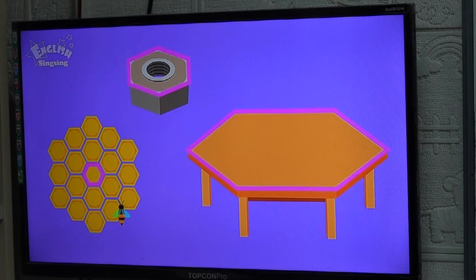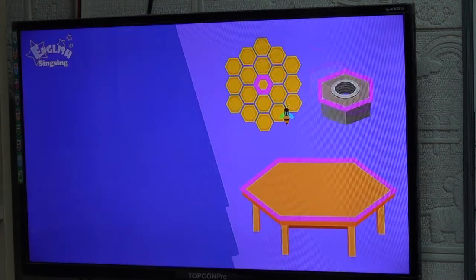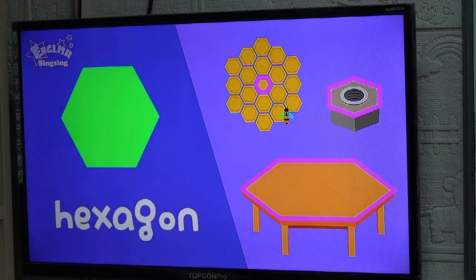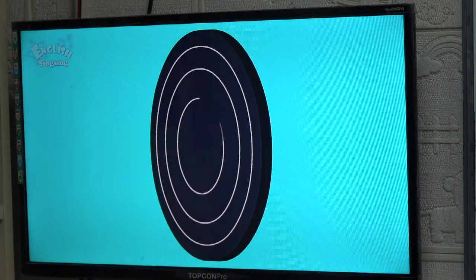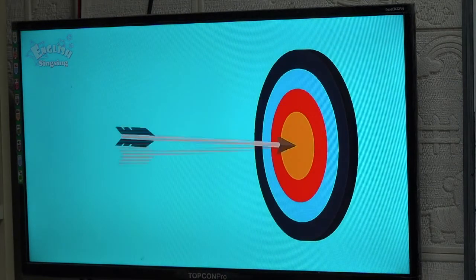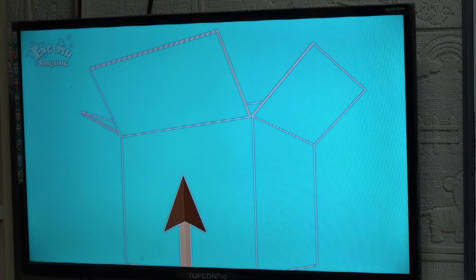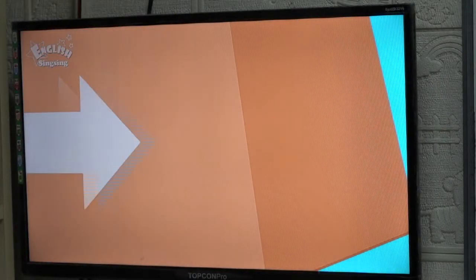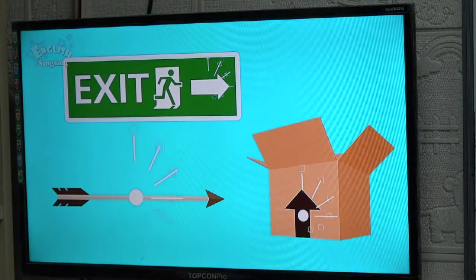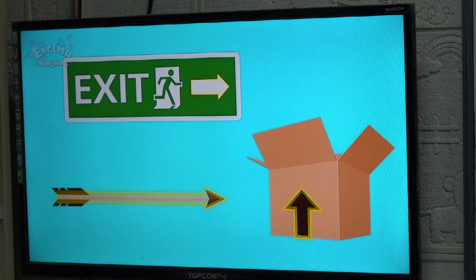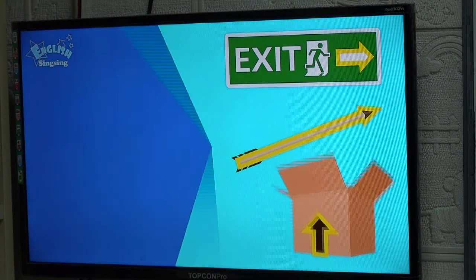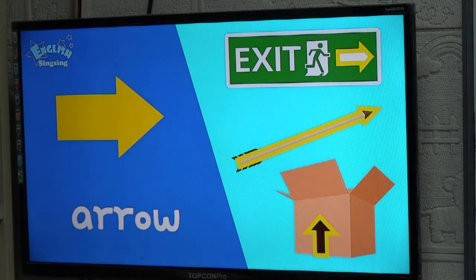These shapes are hexagons. Hexagon, hexagon. These shapes are arrows. Arrow, arrow, arrow.